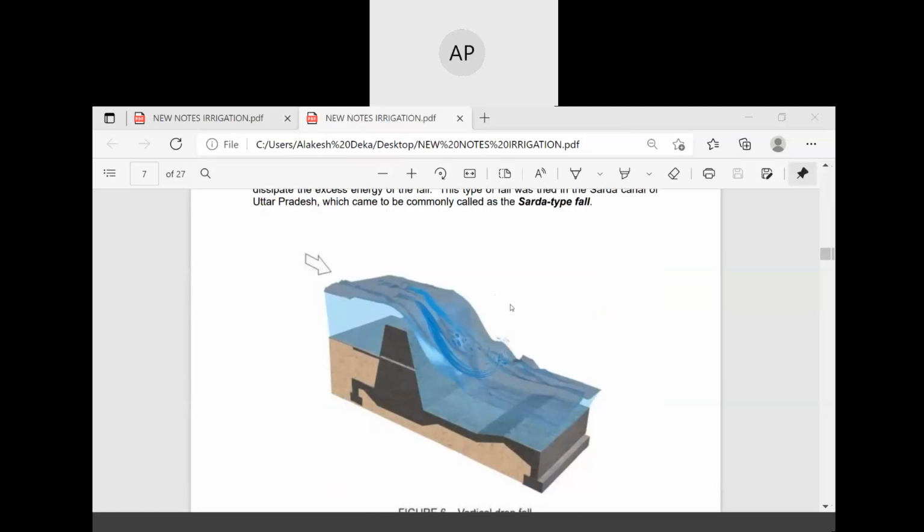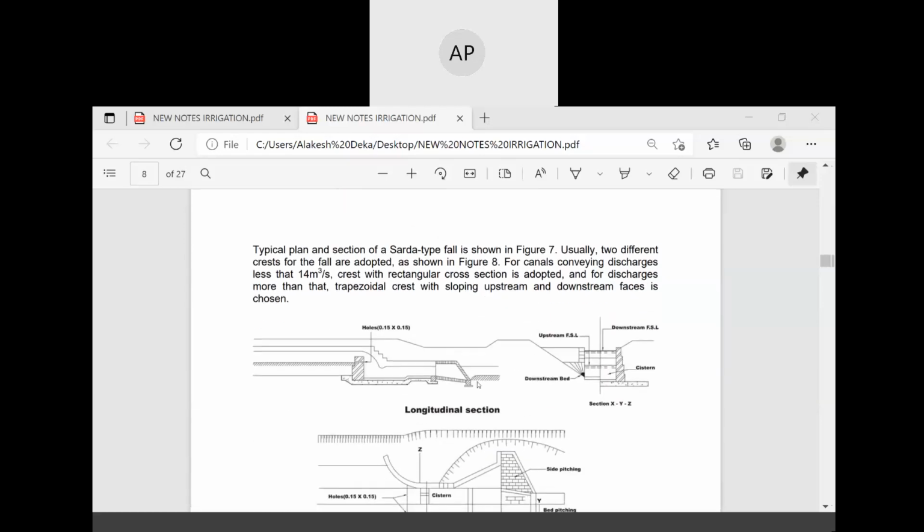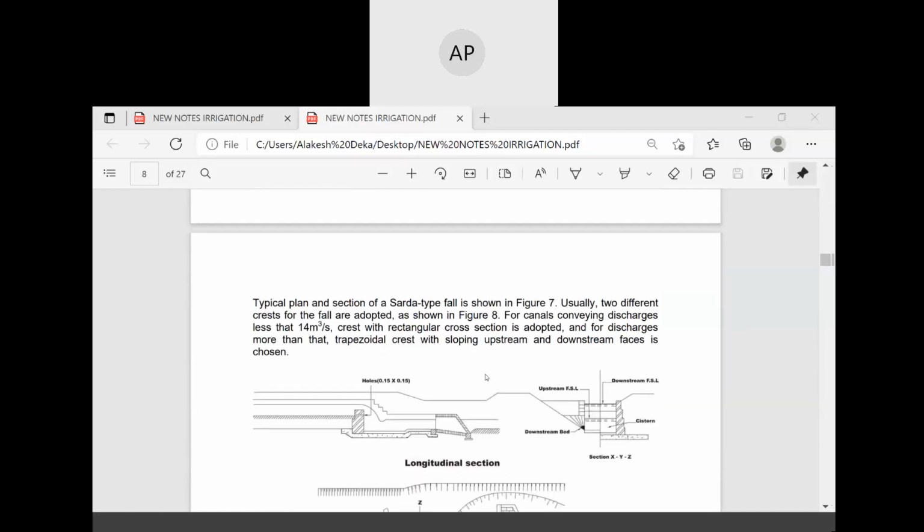Next, the fall with vertical drop. This figure generally shows a fall with a vertical drop. This is the longitudinal section of the Sarda type fall, and this is its cross section.